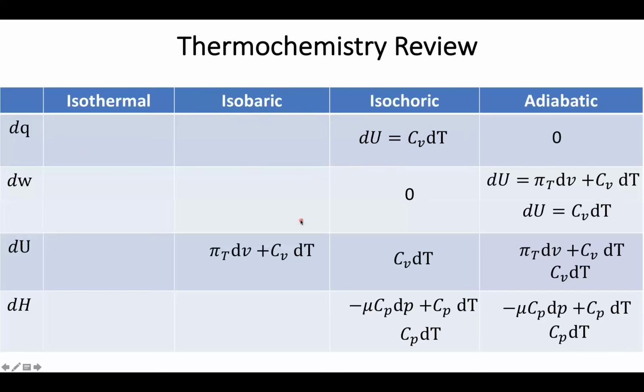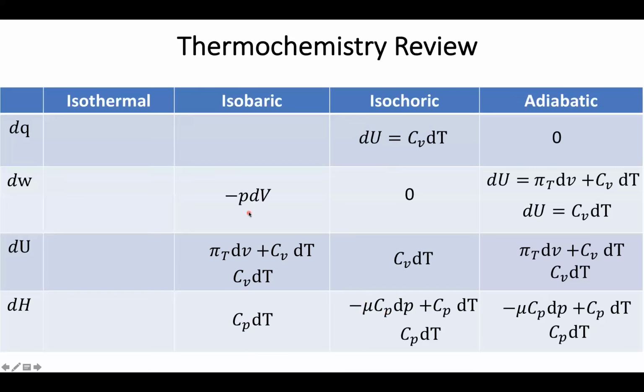So under isobaric conditions, it turns out our internal energy doesn't simplify that much. So internal energy is not the best thing to use under isobaric conditions. However, enthalpy was designed for this, as we no longer have to worry about any Joule-Thomson effects, and we simply are relying on the temperature.